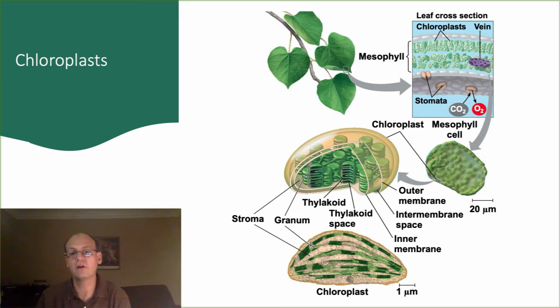The thylakoids are a network of membranes connected to each other with the thylakoid space within. As we learned with the mitochondria, the membranes themselves are vitally important to support the enzymes and chemical gradients necessary for photosynthesis.